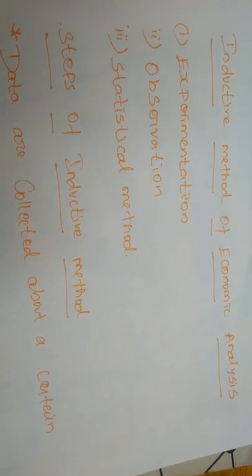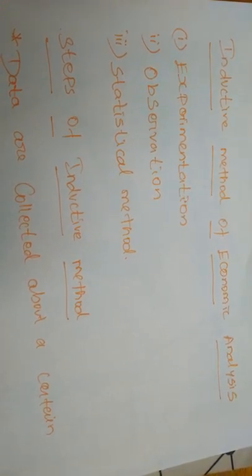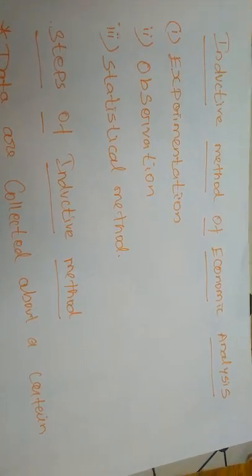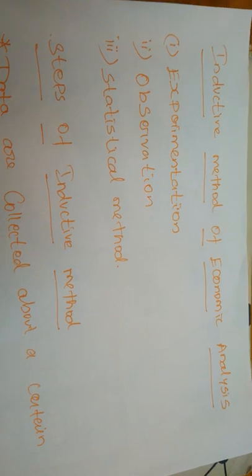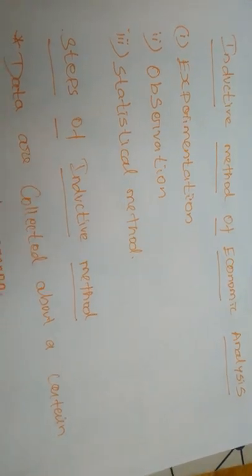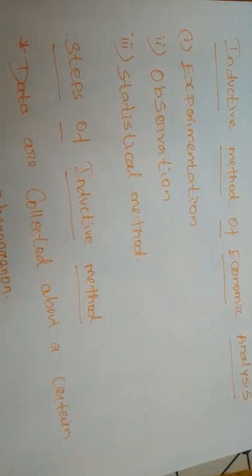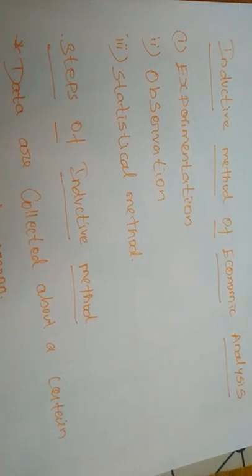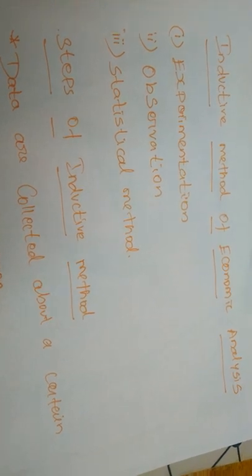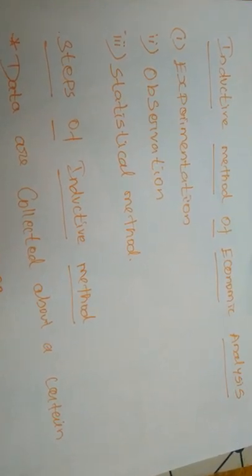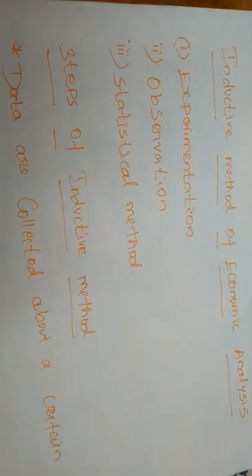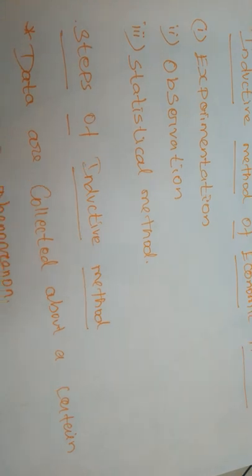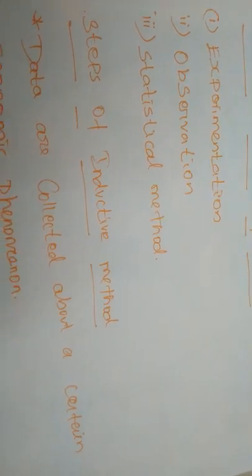It involves the process of reasoning from particular facts to general principles. In the deductive method, we derive the conclusion from the general truth, but here the conclusions are derived from the particular facts only.